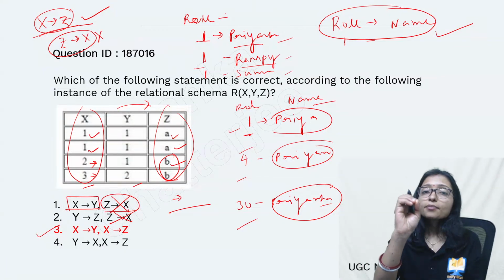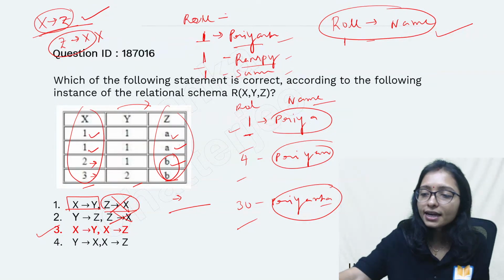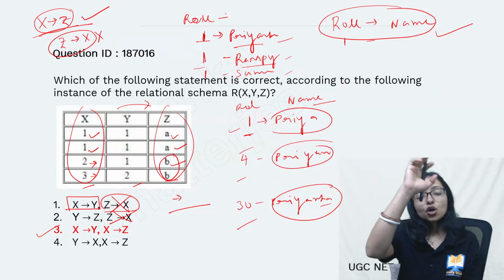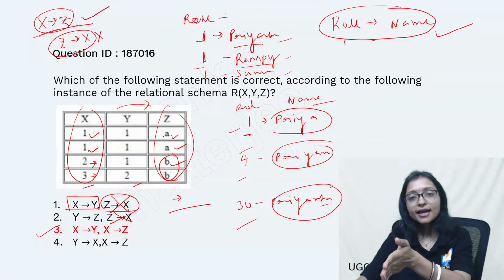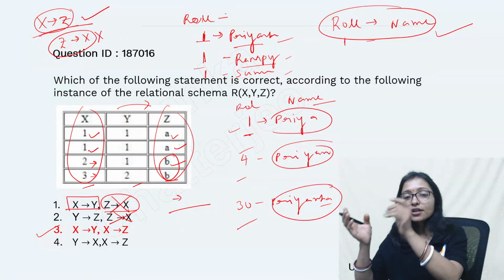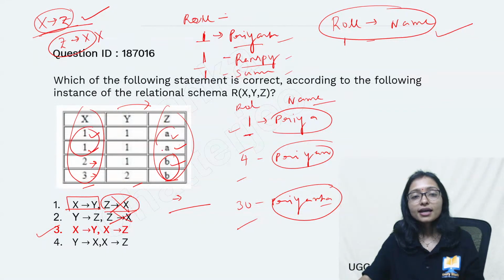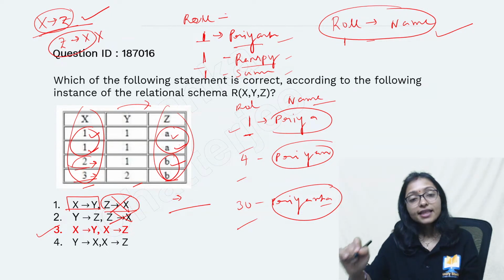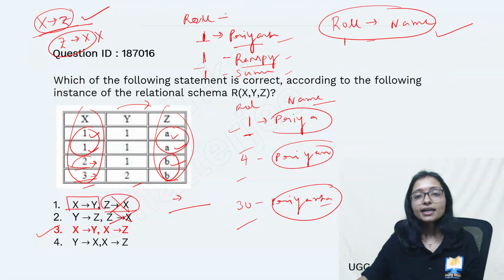If there are some repeated or duplicate elements, then for those, always remember that whenever I am telling that this implies this one, it means in the right hand side the values should be the same. As you can see 1, 1, here are the same values. 2, 3, no problem, these are different values. That's why I hope it is clear that X implies Y is holding.